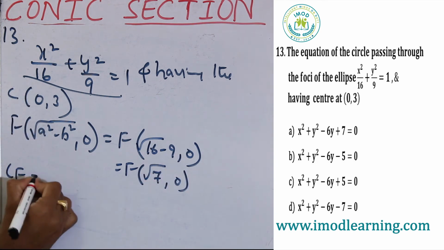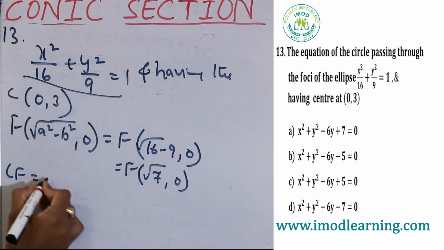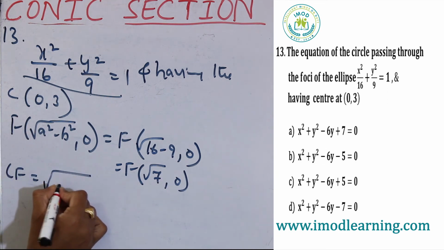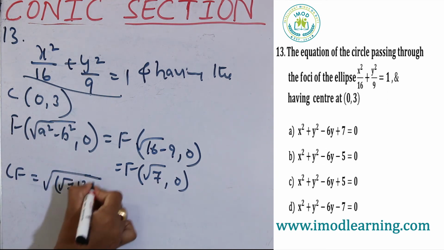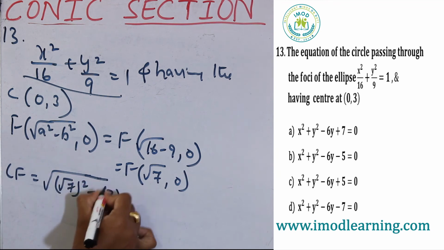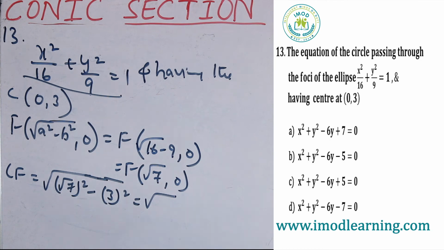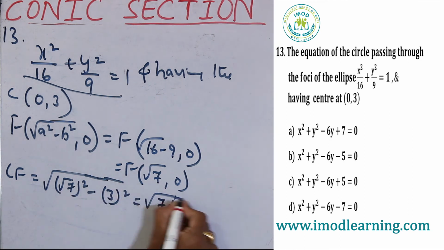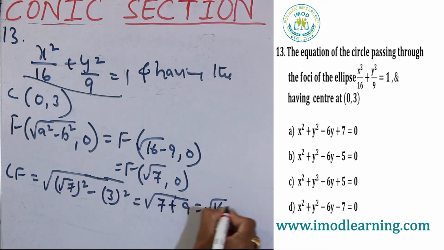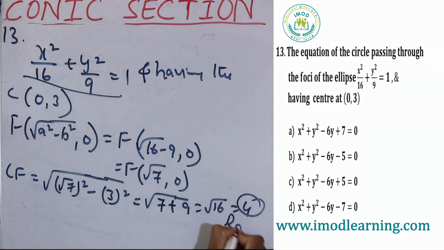So I need cf. Using the distance formula, you can find root 7 whole square minus 3 whole square, which is equal to 7 plus 9, which is equal to 16, which is equal to 4. Let me call this the radius.